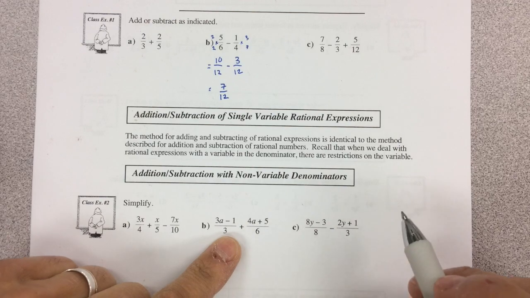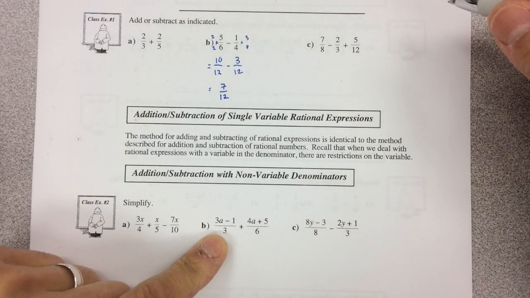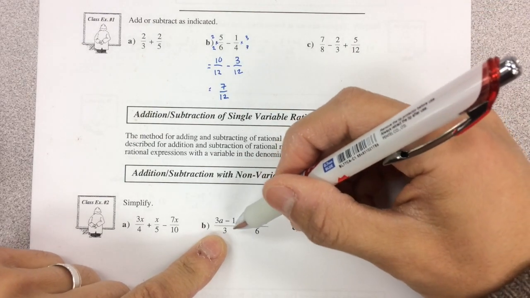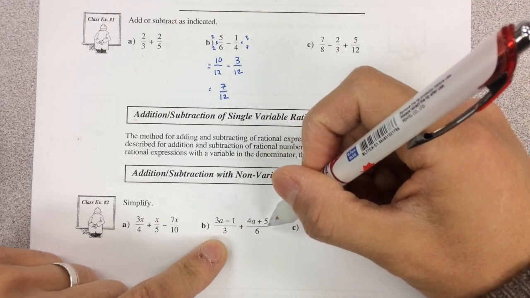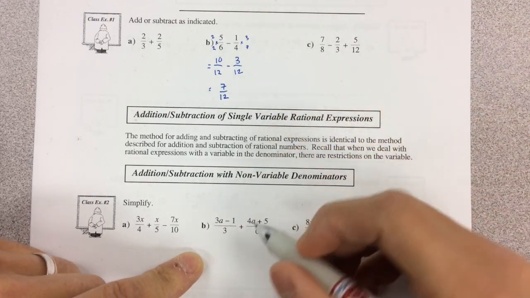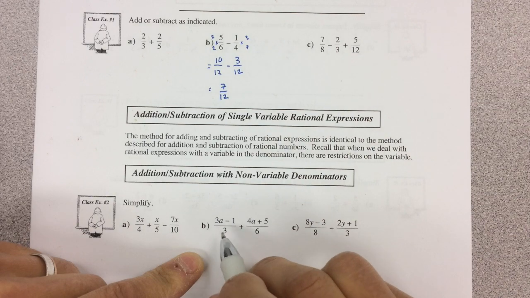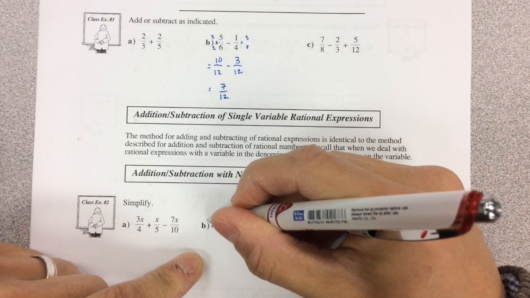Well, let's look at this example. If I have (3a minus 1) divided by 3 plus (4a plus 5) divided by 6, then I know that 3 goes into 6 two times.